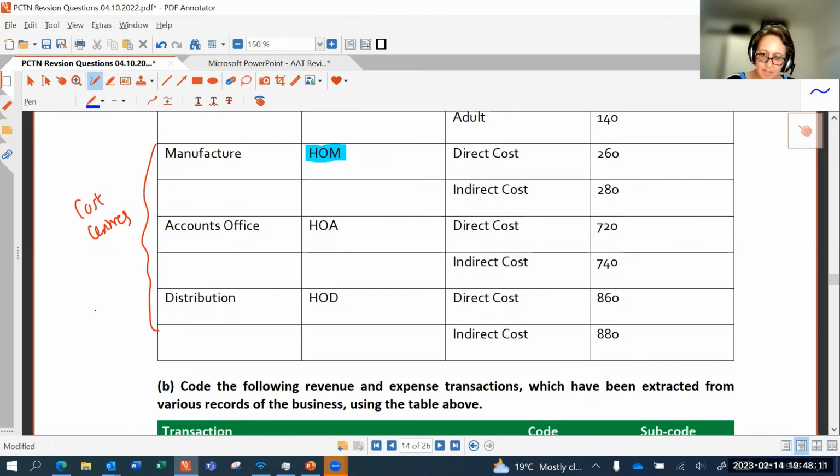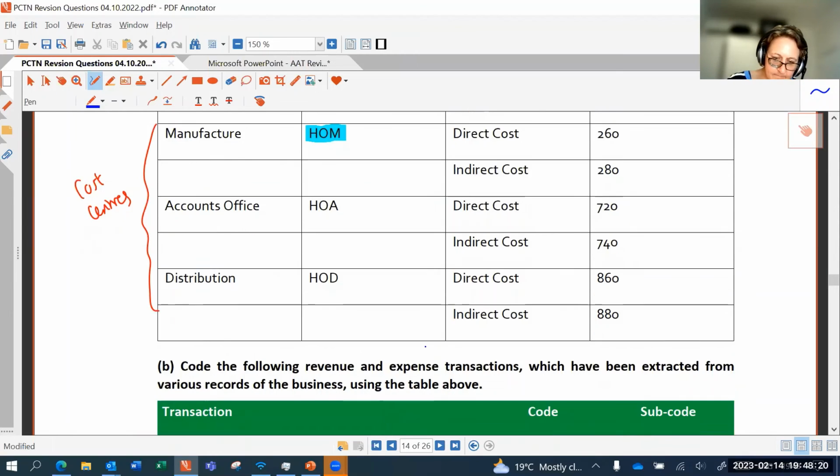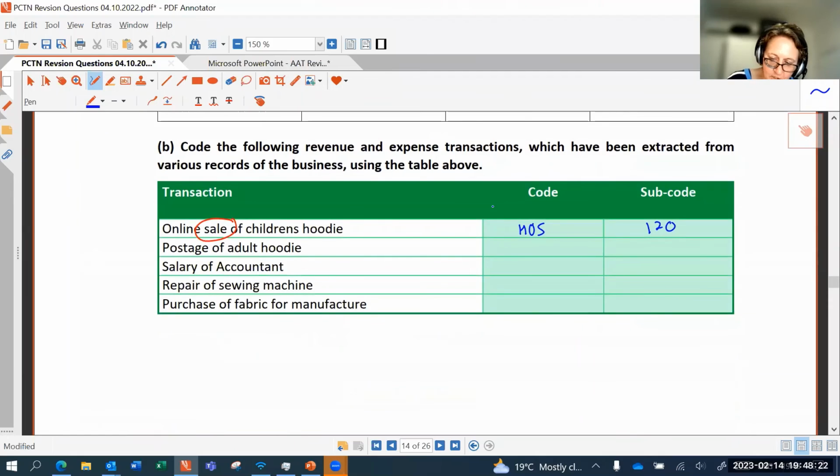I'd say I'm going to be distributing a hoodie. So HOD for the distribution. Whether it's an adult hoodie or a child's hoodie, I guess, isn't really even that relevant. The fact it is postage of a hoodie.